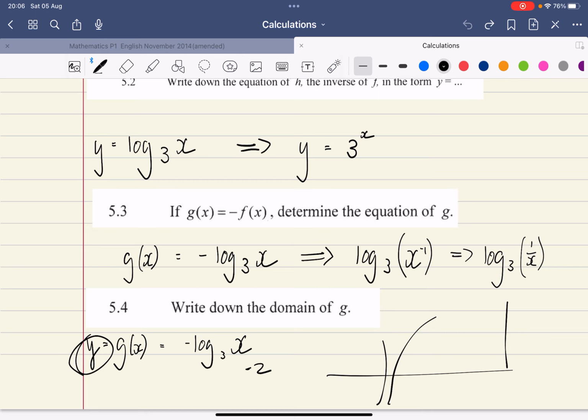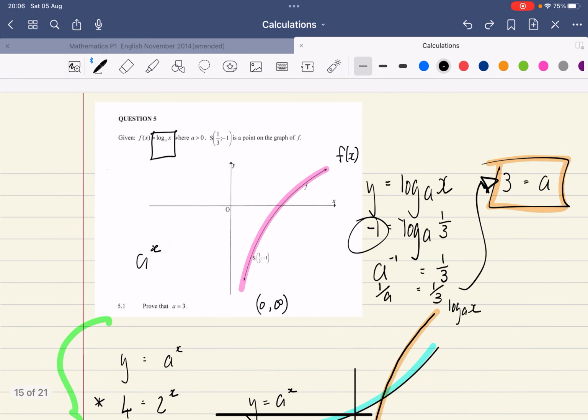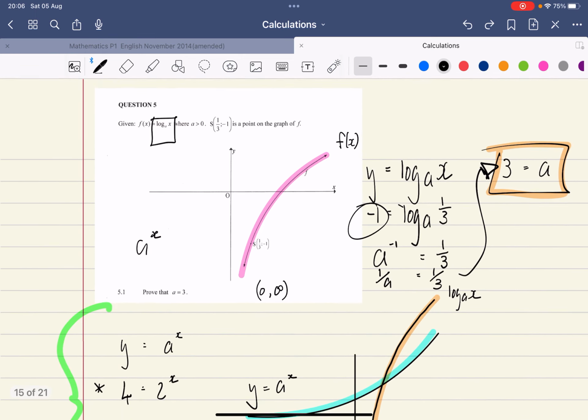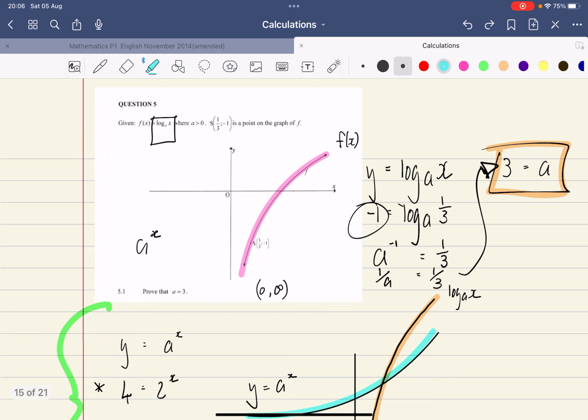So on our graph, and I'll try to draw it nicely here, let's say this was 1, and you go down here, it tells us right here, 1/3 spat out -1 in the original f of x. But now there's a minus in front of our f of x.